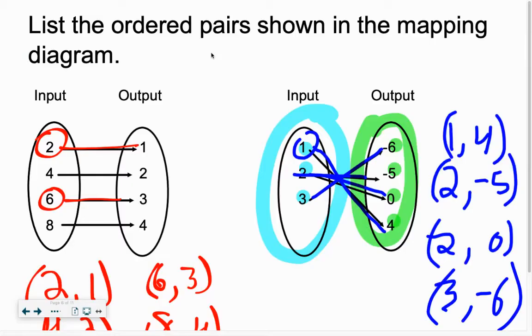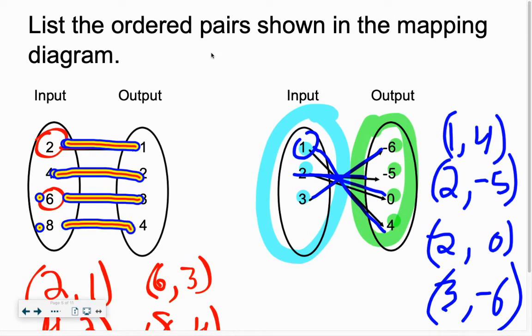On the previous slide, that was nice to see because we see the input 2 has exactly one output. The input of 4 has exactly one output. 6, exactly one output. 8, exactly one output. That is a function.